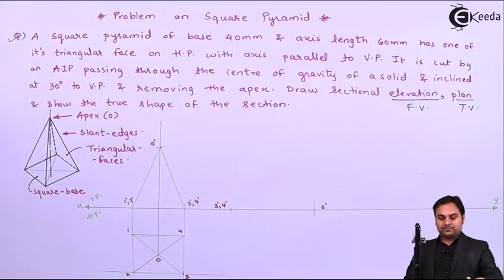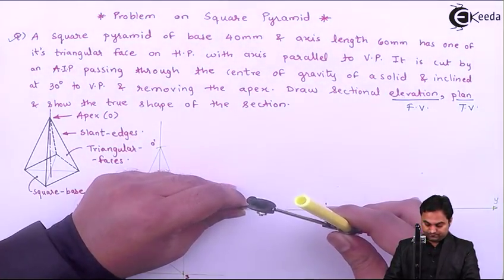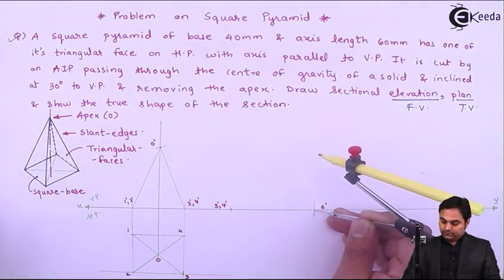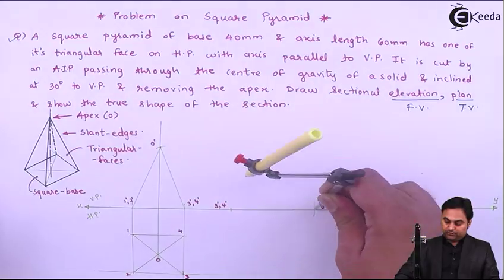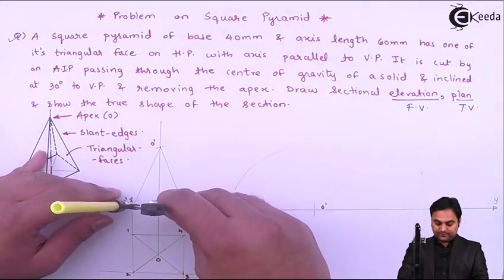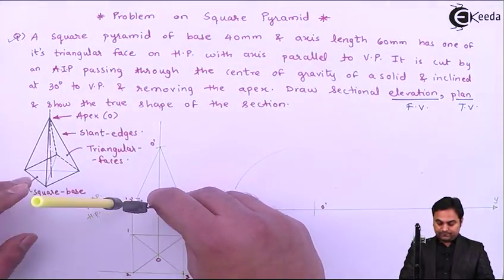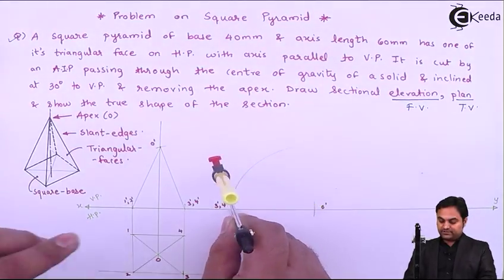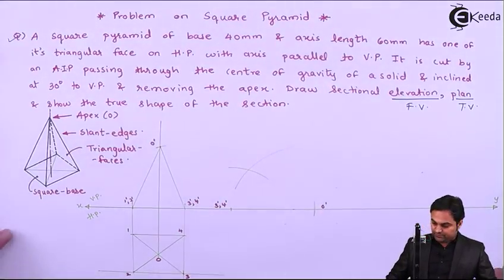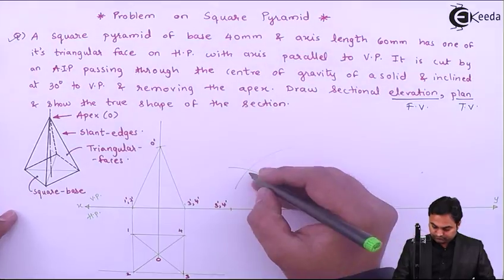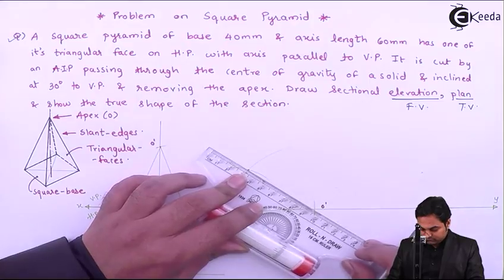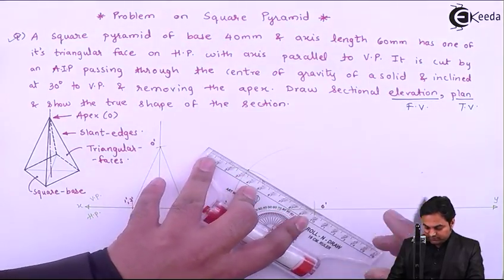Then keeping the same slant edge, keeping the point on O dash, drawing a light arc through it. Next, measuring the base, keeping it on 3 dash, 4 dash, cutting this arc. Here I am getting that intersection point. Joining with the help of light line.